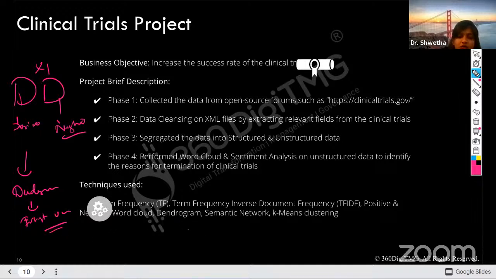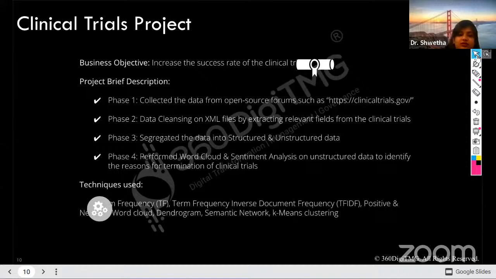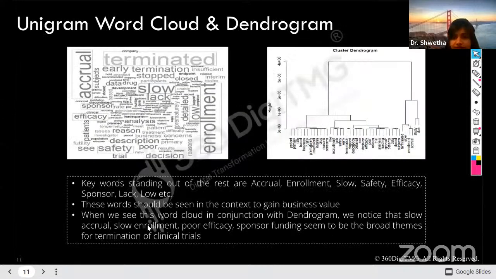We can go for dendrogram, we can go for semantic network, or we can go for k-means clustering. This is how we can proceed with the project.